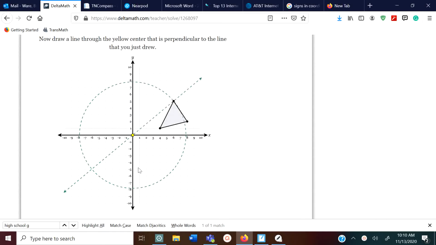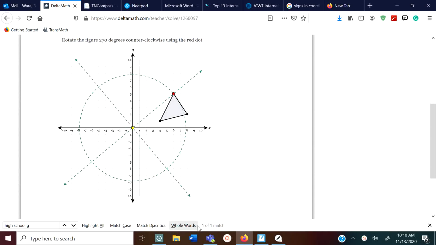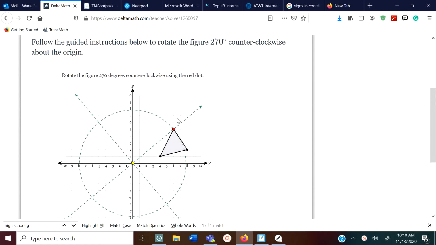So I'm going to start here, click, go up 6, and go back 5. Boom. Now I've got to rotate it 270 degrees counterclockwise. Counterclockwise means go this way. So I keep going all the way around until I get right here.